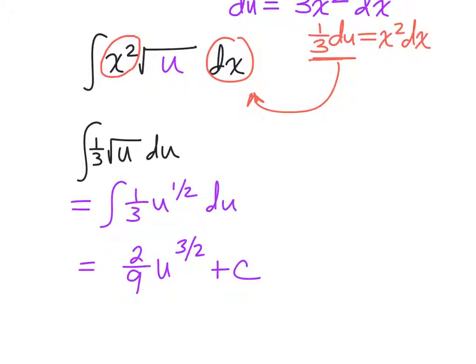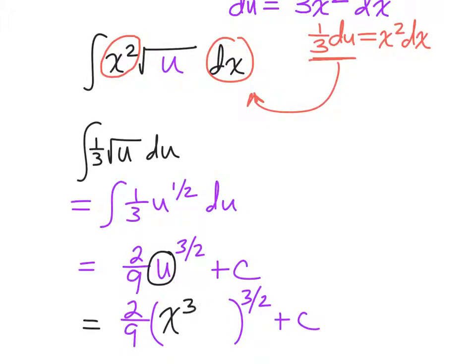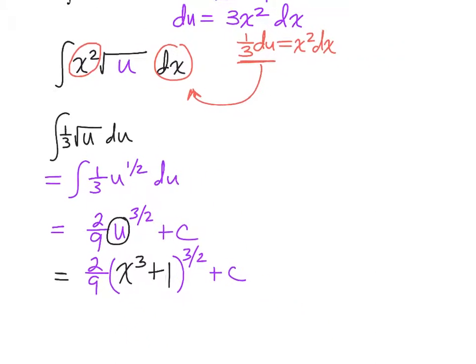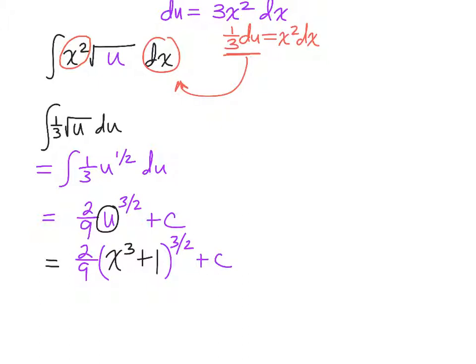And then, well, I've successfully anti-differentiated. Now it's just a matter of bringing back my u. So 2/9, I believe it was x cubed plus 1, to the 3/2 plus c. And so that would be my antiderivative.